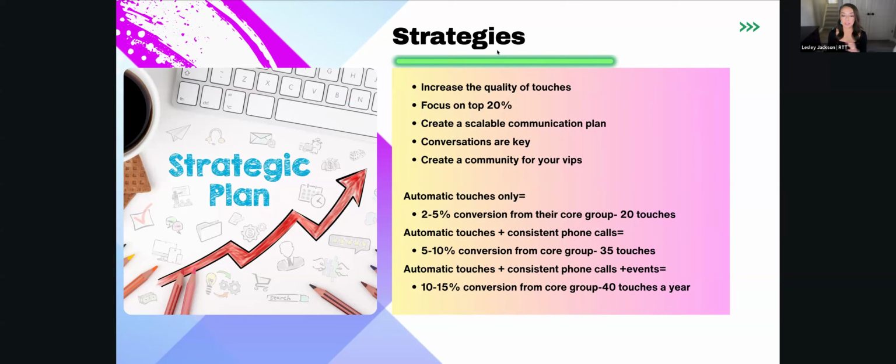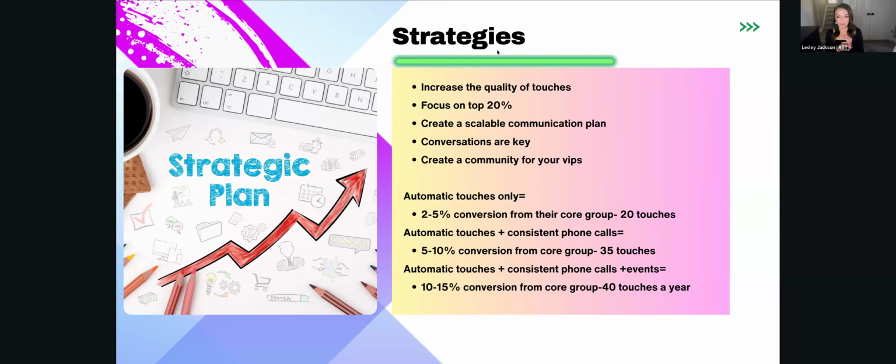And I like to bring this into any smart plan class because it's super important to keep the end in mind, right? Obviously, we're doing this in order to grow our database and to grow our conversion rate. And yet, I'll give you some things to think about. If you have just 20 touches to your core group, that's it.